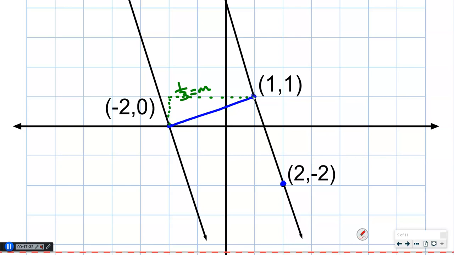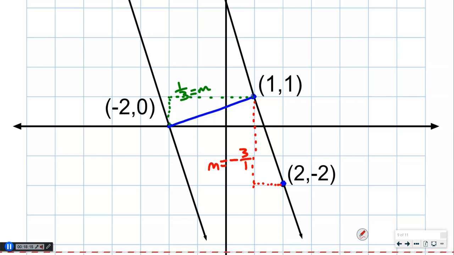And then the slope of our other line needs to be the opposite reciprocal of that. And we can look at it from between 1, 1 and 2, -2. From 1, 1, we go down 3, and to the right 1. So that would be m equals -3 over 1. So it's opposite, and it is the reciprocal. So this is a perpendicular line.